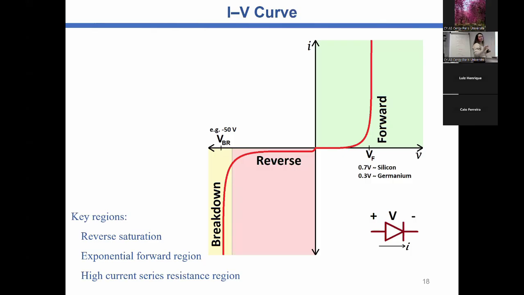In a perfect monocrystalline silicon, we have this breakdown at 50 volts, but depending on the material, it can be lower, and you must be aware of this.